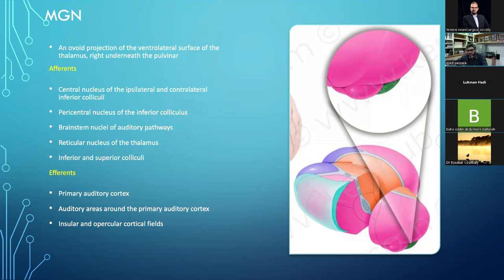The reticular nucleus of the thalamus also sends afferents to the medial geniculate nucleus. And the inferior and superior colliculi also intercommunicate with each other. Efferents from the medial geniculate nucleus will be going to the primary auditory cortex and auditory areas around the primary auditory cortex. Insular and opercular cortical fields also receive efferents from the medial geniculate nucleus.